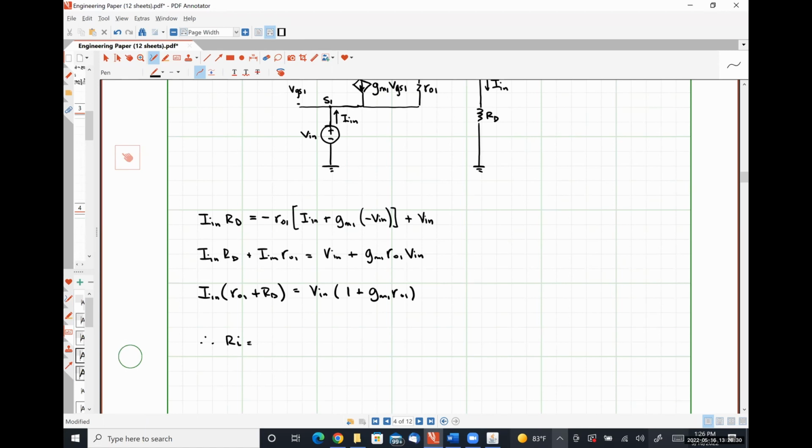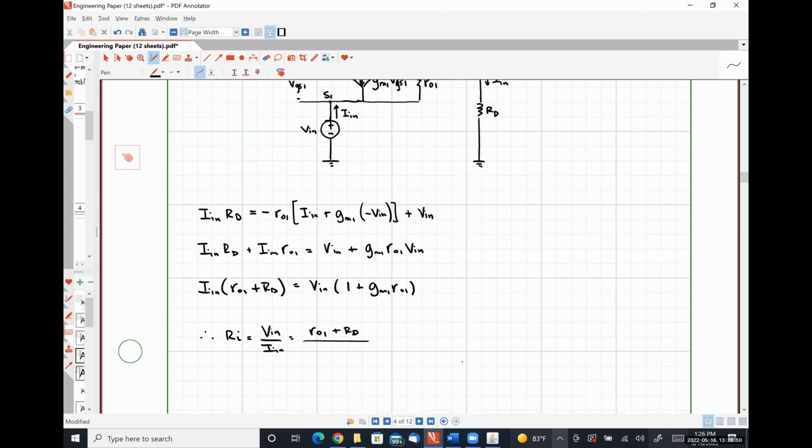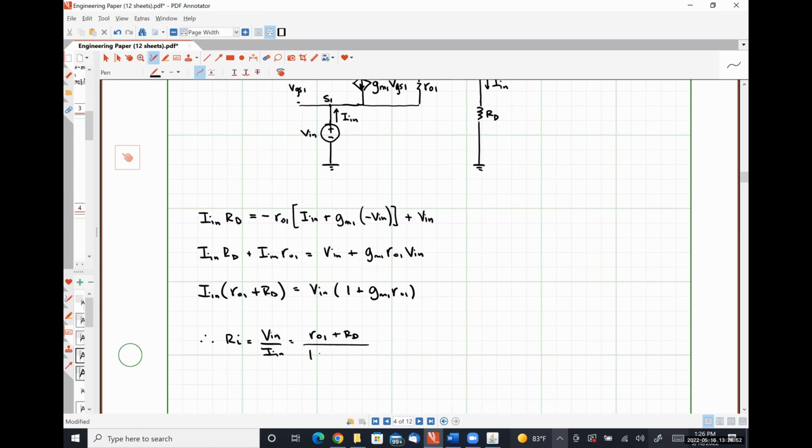So RI should be VN over IN, which should look like R naught 1 plus RD over 1 plus GM1 R naught 1, if I've done my algebraic moving around correctly.